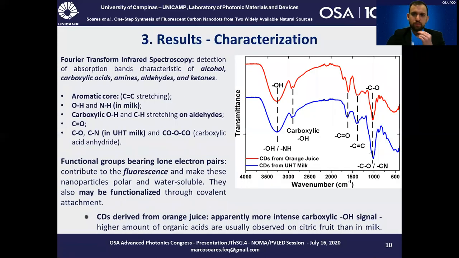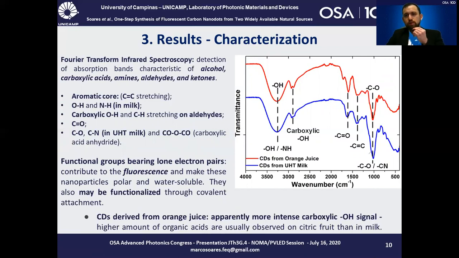distributions. We physicochemically characterized the particles by Fourier transform infrared spectroscopy and detected the presence of alcohols, carboxylic acids, amines, aldehydes, and ketones. So the aromatic core gives us the C=C stretching here, and there is also the presence of OH and NH in the case of the milk, and apparently a more intense OH signal for the carboxylic acid in the case of the orange juice.